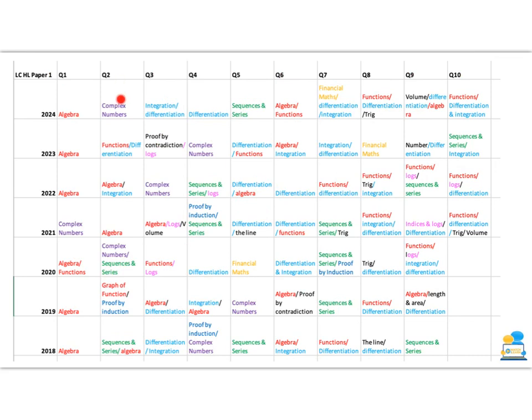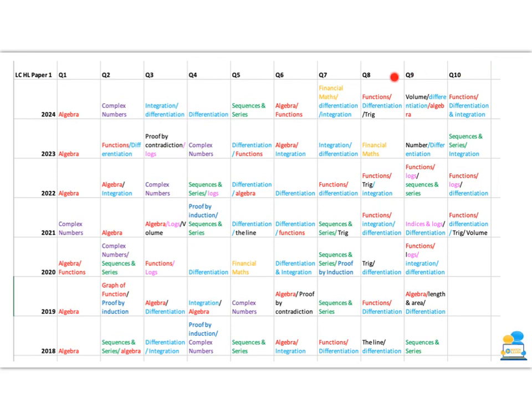We tend to have a full complex numbers question come up every year. We most of the time would have a differentiation or integration question that would show up quite strongly in section A as well. So look, it's not giving you any groundbreaking predictions here, but it's just more having a look at the type of questions that come up each year.